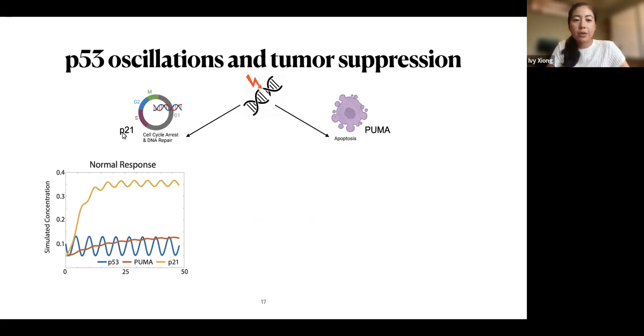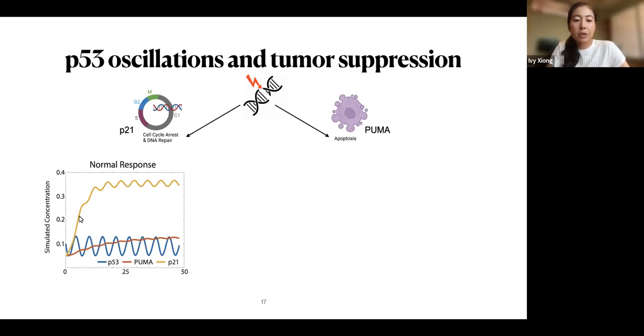There are 2 target genes to represent the 2 outcomes. The first is P21, which is activated to arrest cell cycle, and the other one is PUMA, which activates BAX and induces apoptosis.